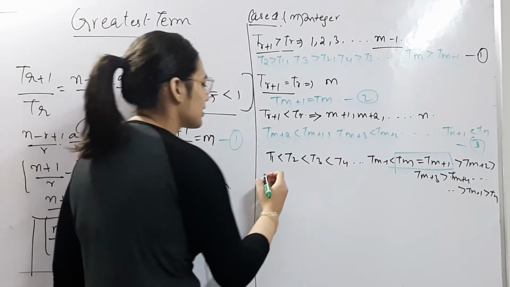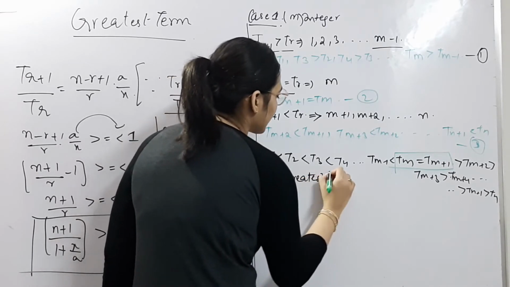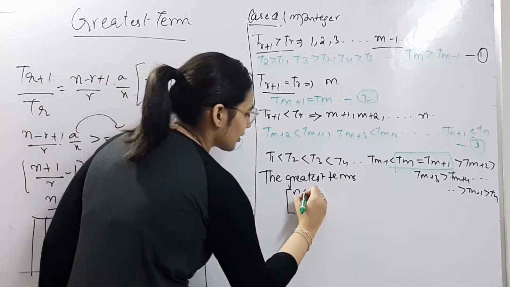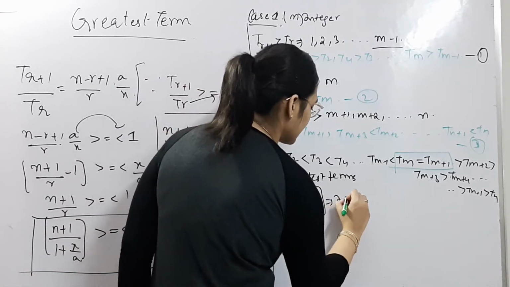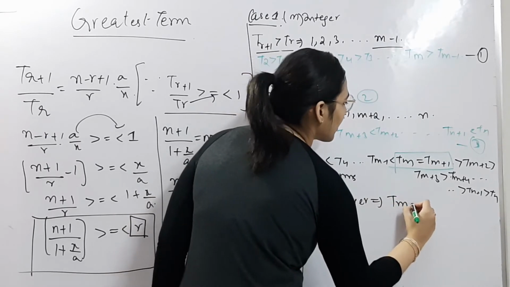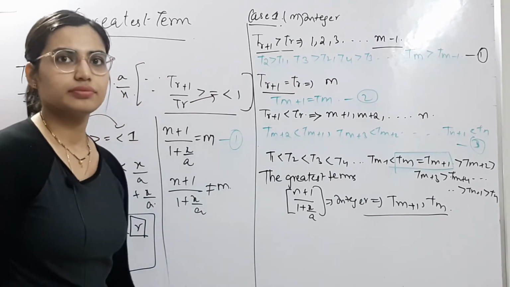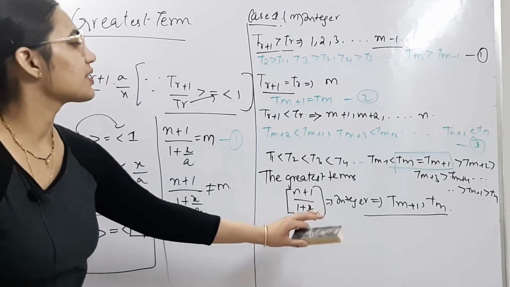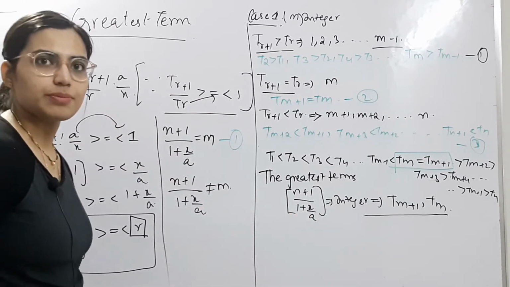So that means the greatest terms, when we divide n plus 1 by 1 plus x by a, and this results in an integer, then the greatest terms are Tm plus 1 comma Tm. Okay, so this is how you find out the greatest term when it is perfectly divisible.